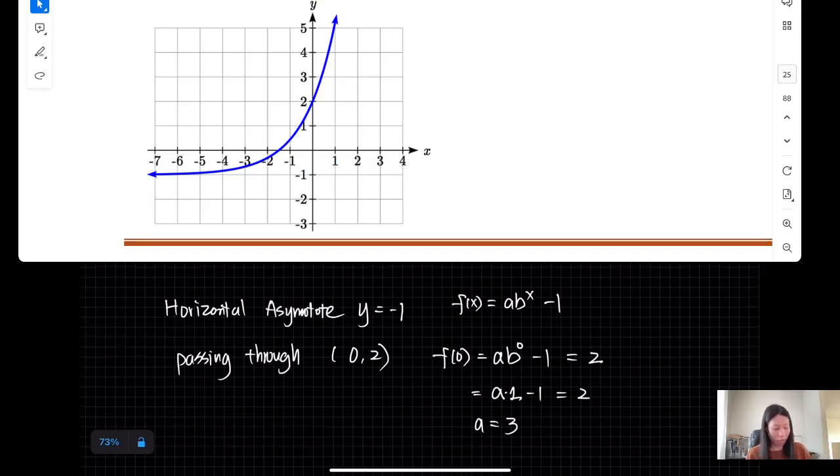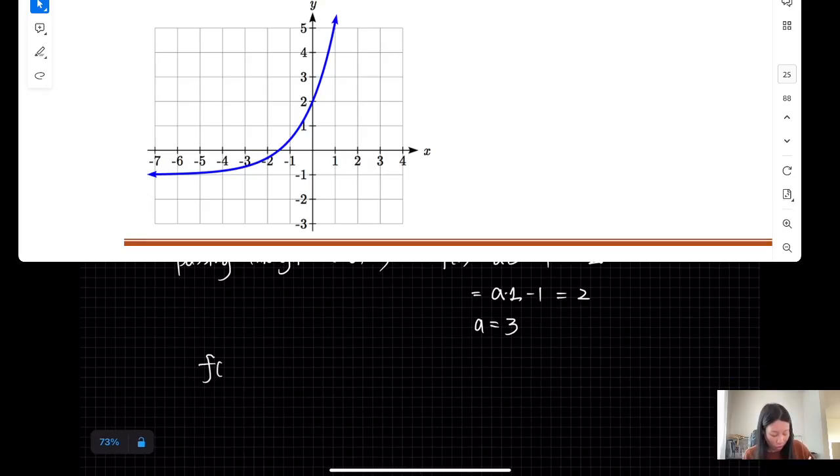We found our a, so our function is going to look like 3 times b^x - 1. Now we still need to find b. How do we find b? Well, we can find another point to substitute. Which one is more defined? (1, 5).